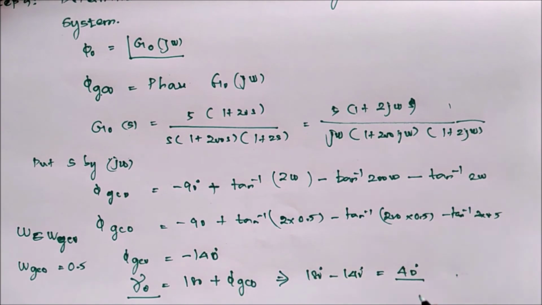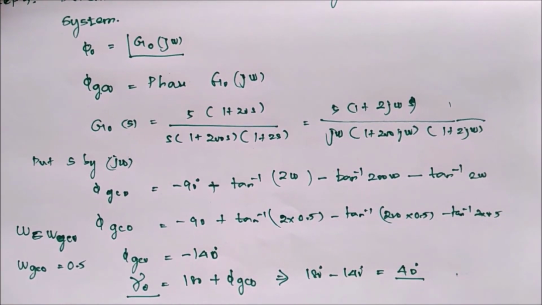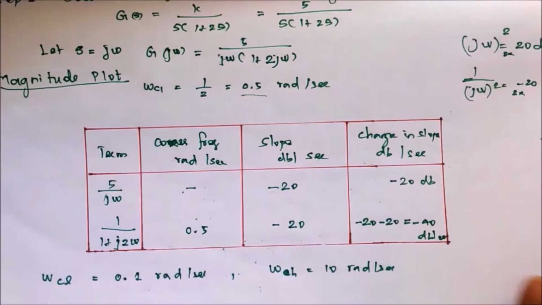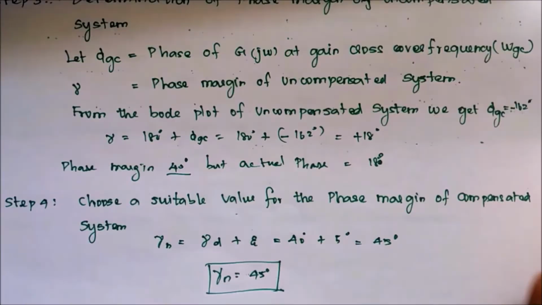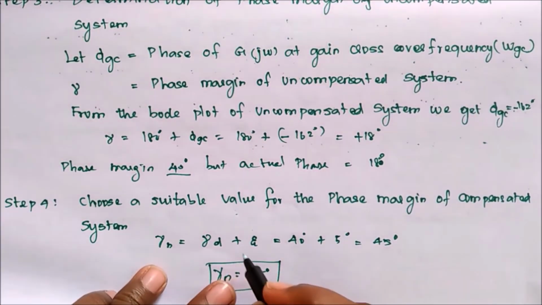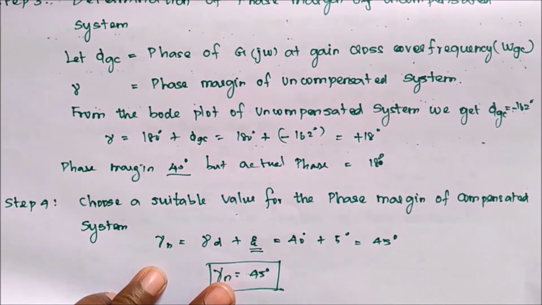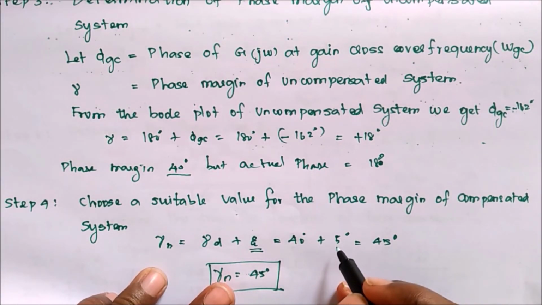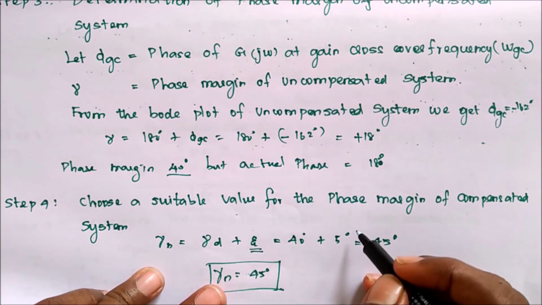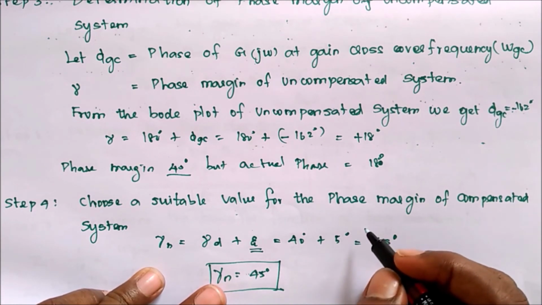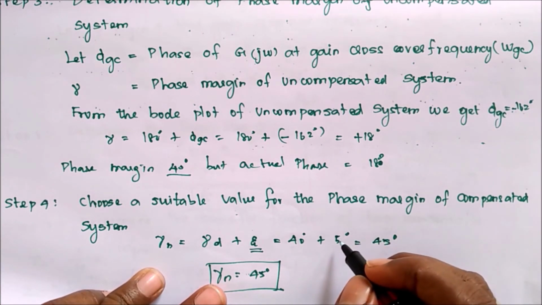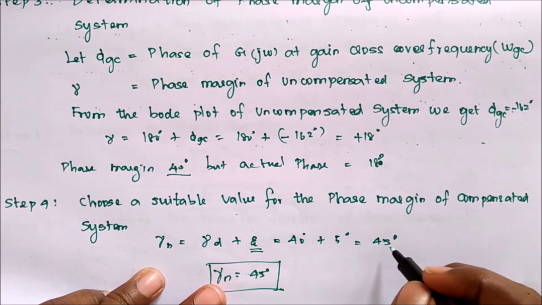Therefore, we can stop in this step. Suppose it is less than 40 degree, what do we have to do? Suppose here it is 30 degree, then from step 4 we have to add to the eta value. Initially we have taken 5 degree, so once again we have to add 5 more degree. For example, if we add one more 5 here, it will become 50.